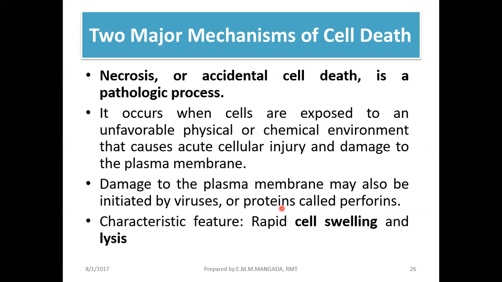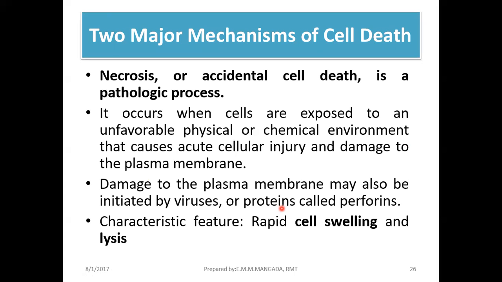This usually occurs when cells are exposed to an unfavorable physical or chemical environment that causes acute cellular injury and damage to the plasma membrane. Example, you got a wound, you got pricked by the thorns of a rose, of a Valentine, that led to an infection in your hand. The infected area can die, so there is localized death of cells there because of the infection.